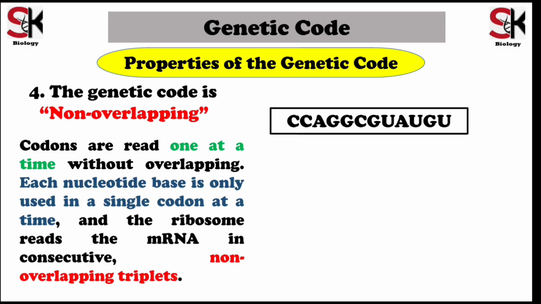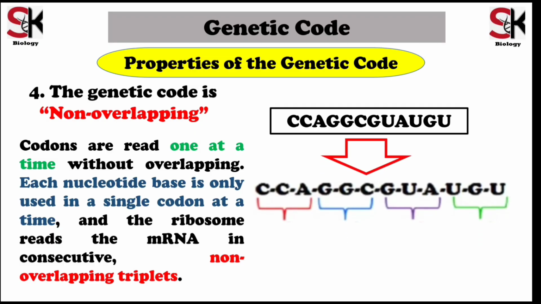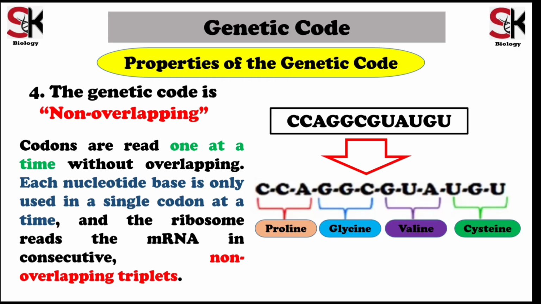This RNA sequence will be read in non-overlapping triplets: first 3 nucleotides, then the next 3 nucleotides, then another next 3 nucleotides, and so on. Each triplet will code specific amino acids as shown here in this picture: proline, glycine, valine, and cysteine, etc. No nucleotide is repeated while reading. So, it proves that the genetic code is non-overlapping.